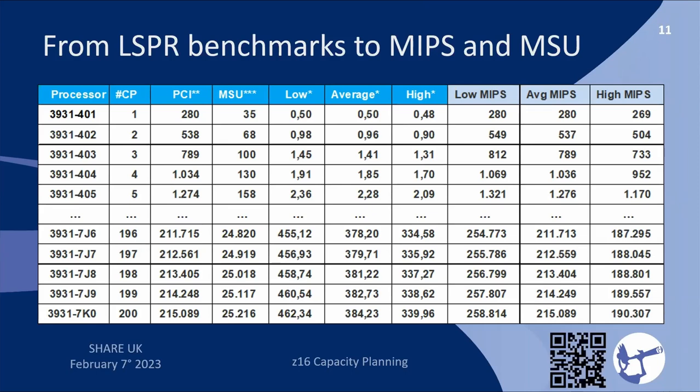IBM addressed that, and that became less and less important with the next machine. So the Z14 addressed that issue. The Z15 even better, the z16 even better. Still, when you think about it, if you make changes in the way you configure your helpers, in the weights, in the general behavior, you can affect the result on the hardware. So practically speaking, your machine can deliver more or less MIPS depending on the configuration that you make.